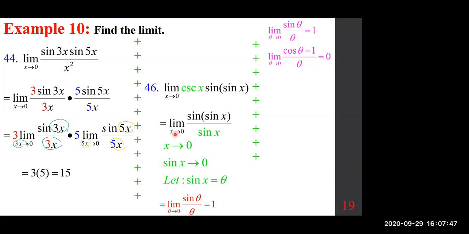So this really should be changed to sine x approaching 0, and then this is the result. And of course, this is equal to 1. But the given was infinity times 0. This was cosecant, infinity, and this was 0. And again, we are approaching 0. Okay, so it depends from the right or left.